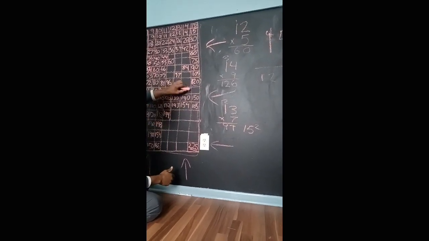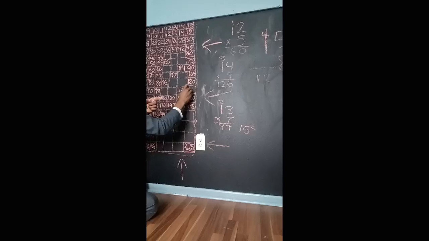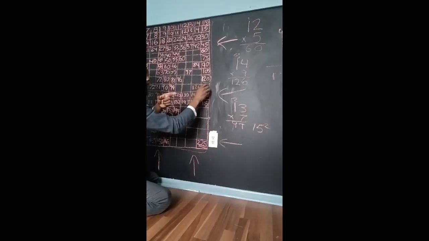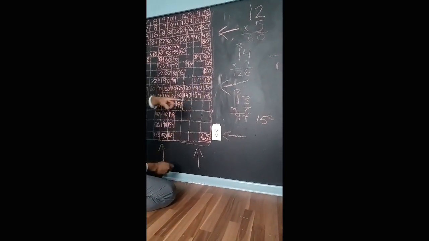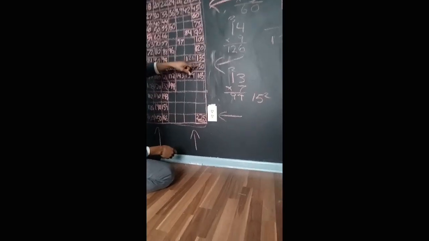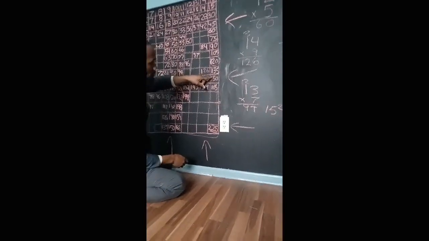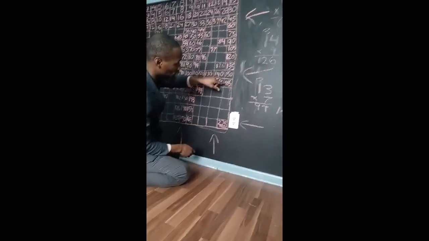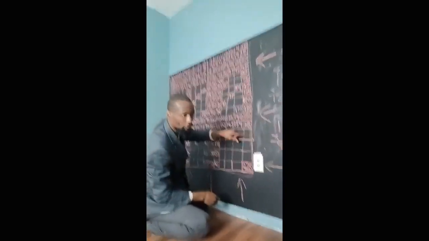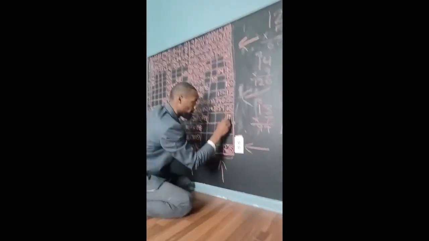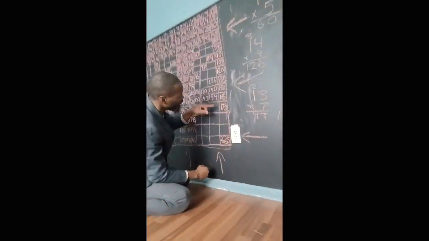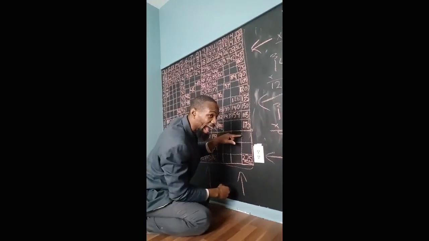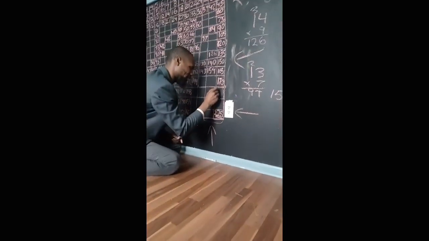Jump a whole 10, 130, add a 5, 135. Jump a 10, 145, add a 5, 150. Jump a 10, 160, add a 5, 165. Jump a 10, 175, add a 5, 180. Yeah, you got it.